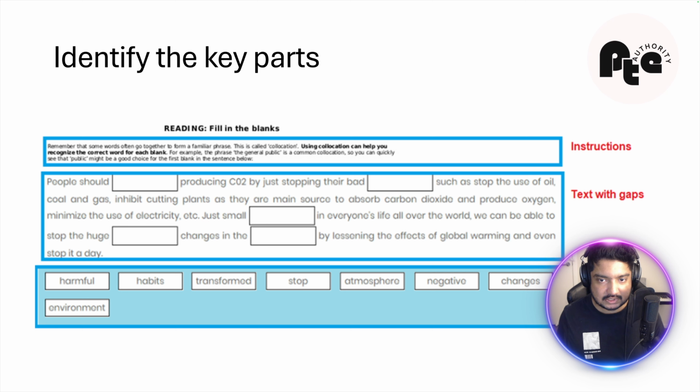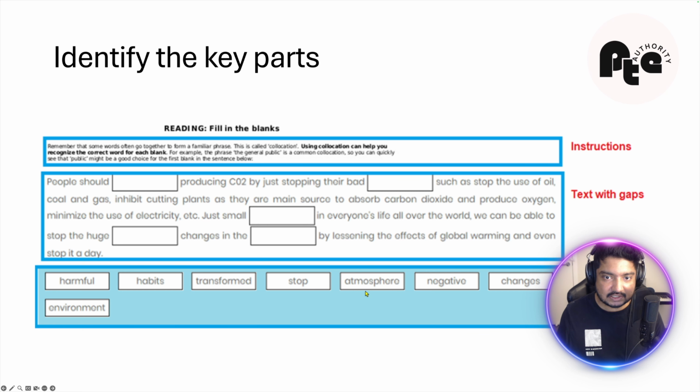The gaps shown with black-bordered boxes are the ones that you need to fill using the options in the lowermost blue box. You can only use one word one time. You cannot use the same word in multiple places.